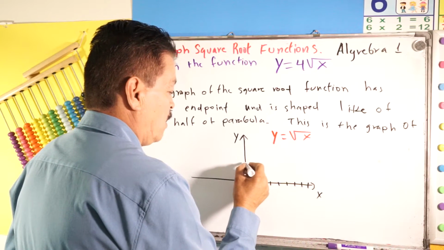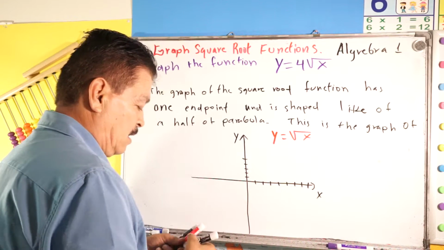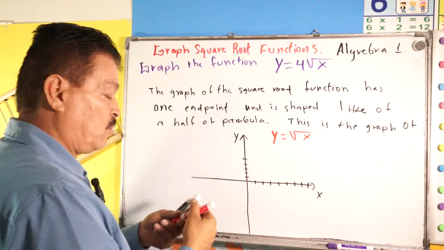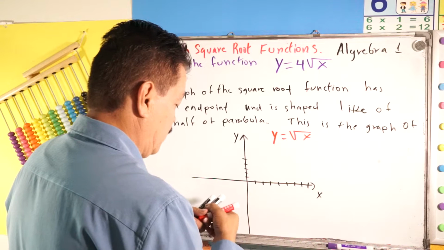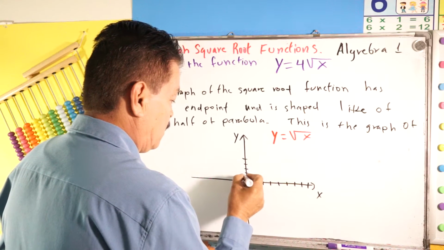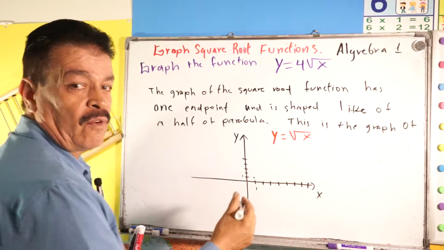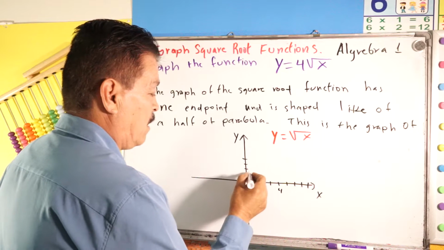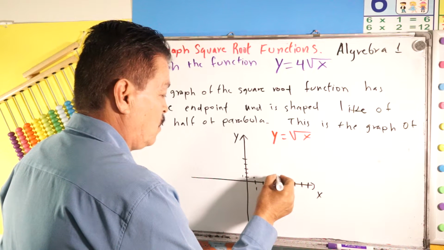So this function, I will graph like this: point 1, and then 1 here, and then 4, 2.